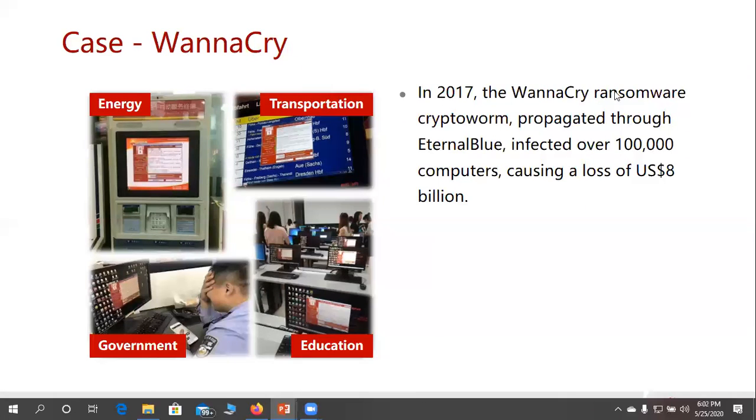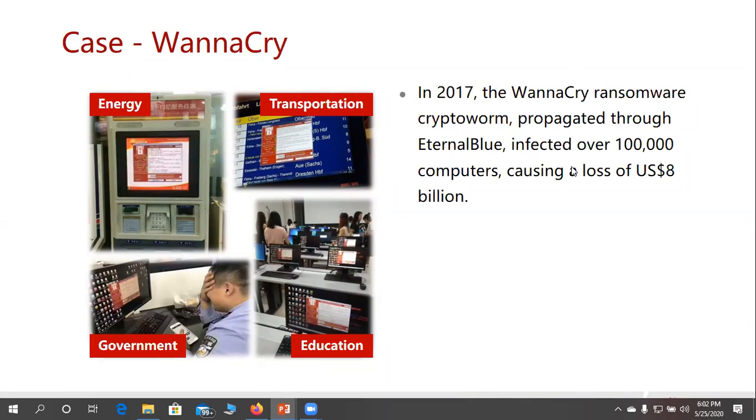And this is a crypto worm. Okay, so what is a crypto worm? So this is a malware which is able to encrypt the information that you have on your machine, okay?